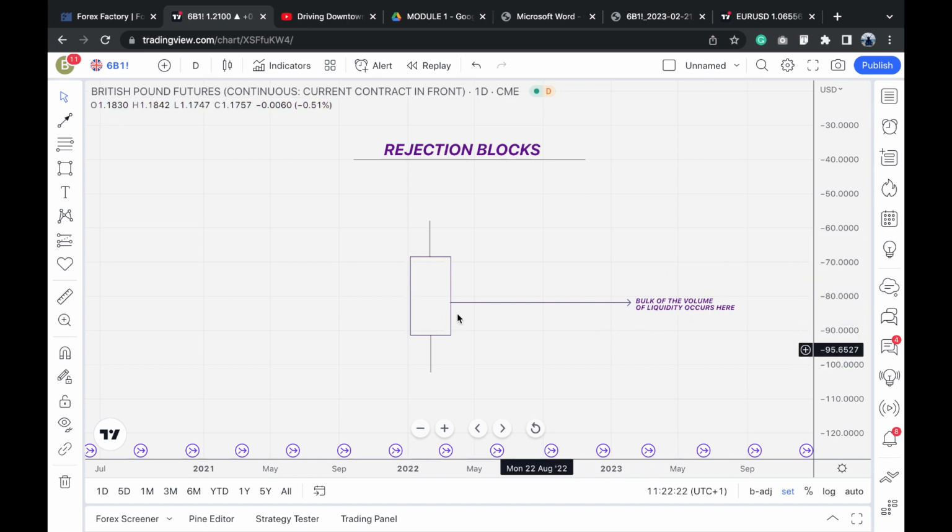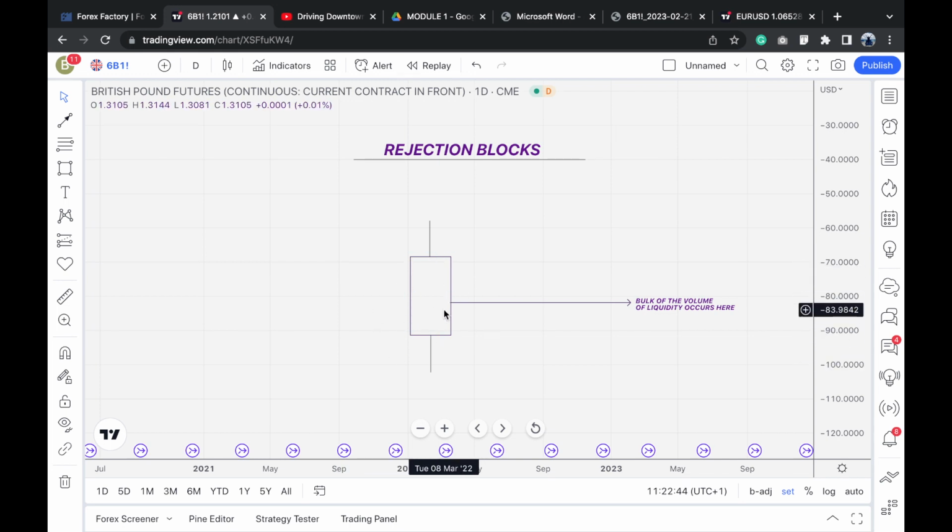The bulk of the volume of that bullish liquidity occurred inside the body of the candlestick. The wicks of the candle are not as important as the body of the candlestick. So hopefully that defines where the bulk of the volume of liquidity occurs.